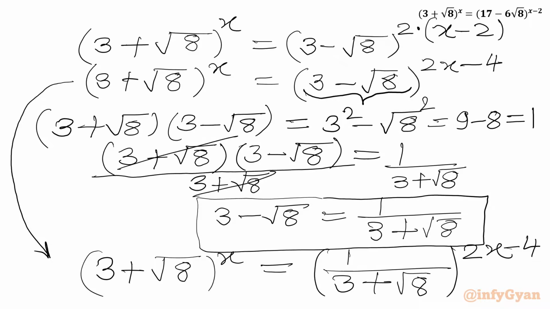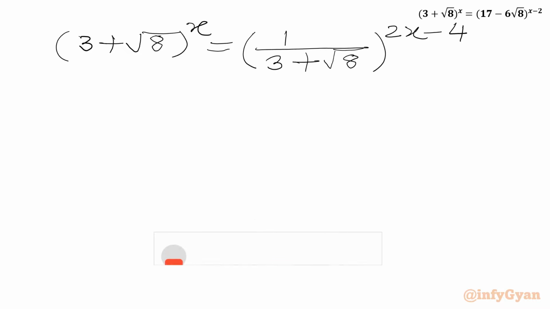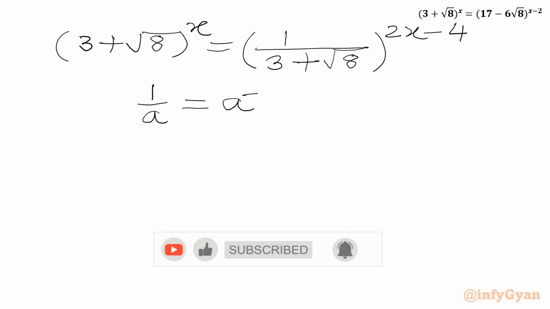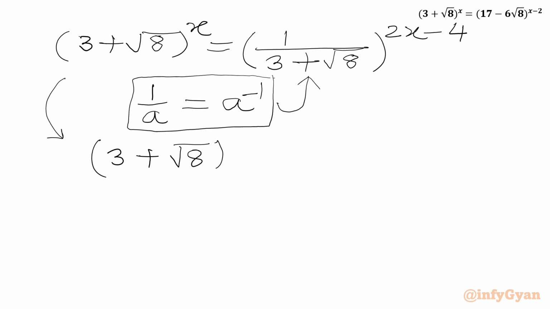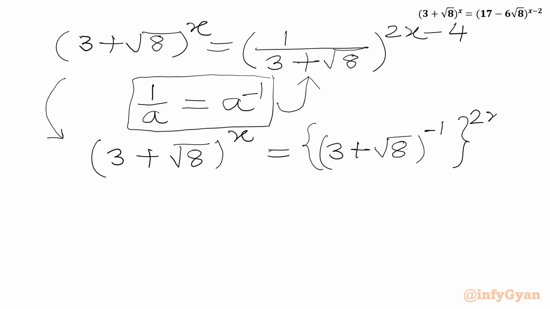Now we will use another exponent law: 1 over a will be equal to a power minus 1. We are going to apply this property here. We can write the equation: 3 plus square root 8 whole power x will be equal to 3 plus square root 8 with power minus 1, and then we will put whole power 2x minus 4.